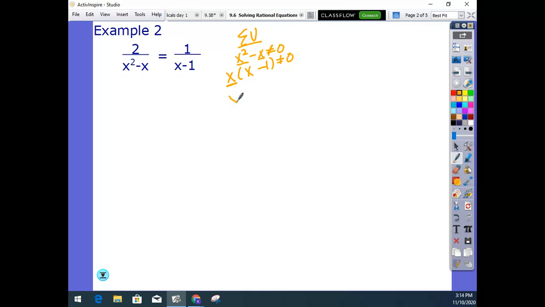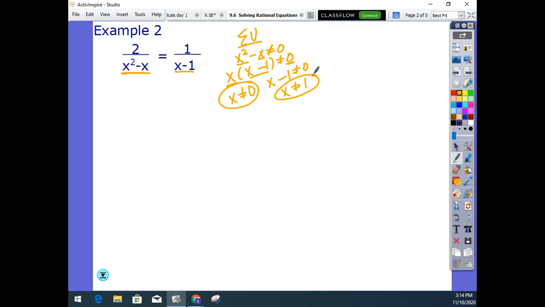So this means that x cannot equal 0 and x minus 1 cannot equal 0, or x cannot equal 1. Notice if I plug 0 in for x, it would be 0 in the denominator. If I plug 1 in for x into either side, it would make the denominator equal 0. So my two excluded values, the numbers I can't use, are 0 and 1.